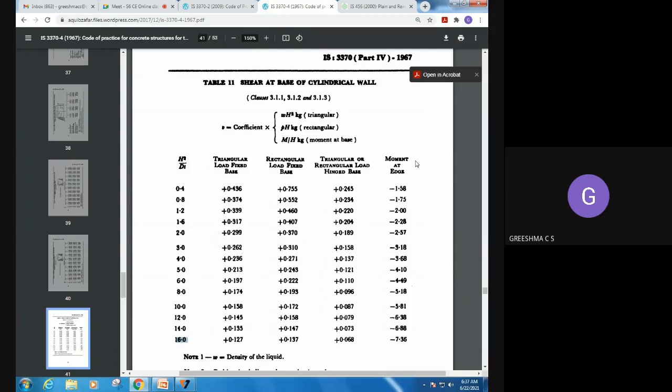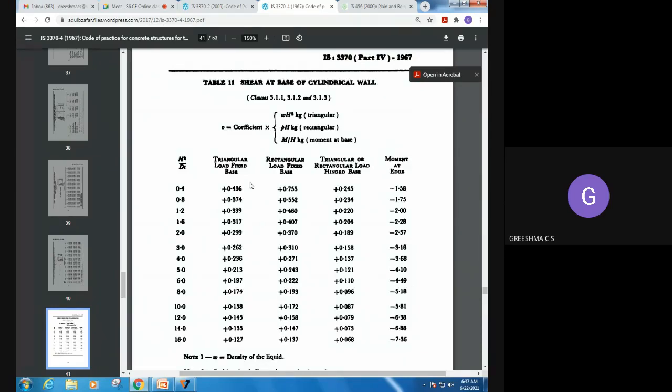They have given different loading conditions: triangular loading, rectangular loading, and triangular or rectangular loading with a hinged base. Ours is very clear: triangular loading with a fixed base. See this one, the first case.